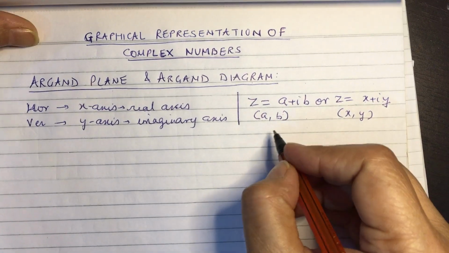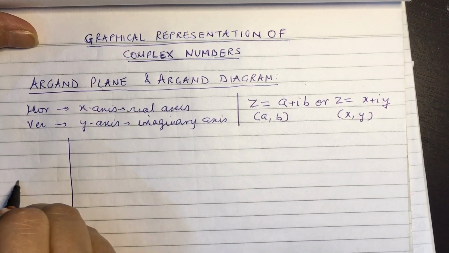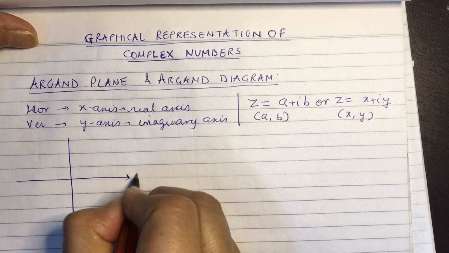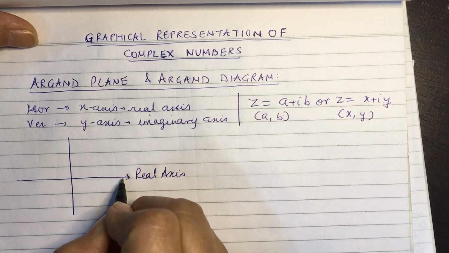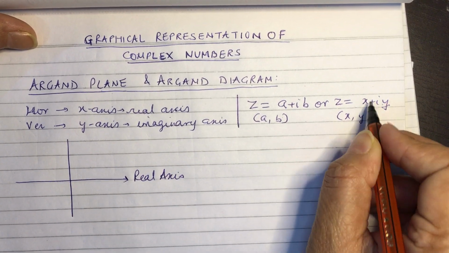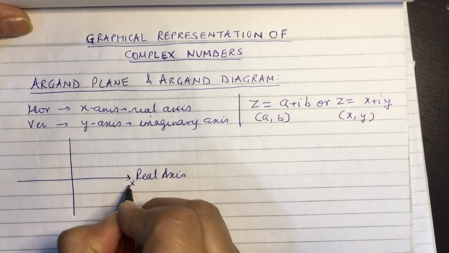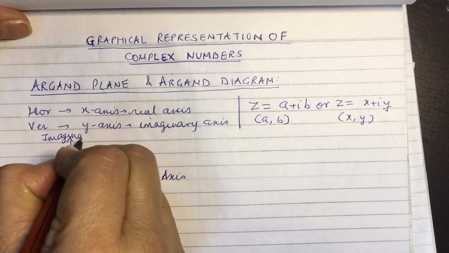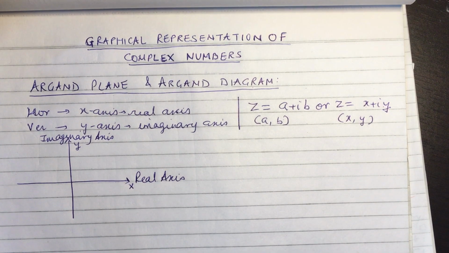And we can draw the Argand plane as follows. This is the horizontal axis called the real axis, where we plot the x coordinate, which is actually the real part. So this is the x axis and this is called the imaginary axis, which is actually the y axis.